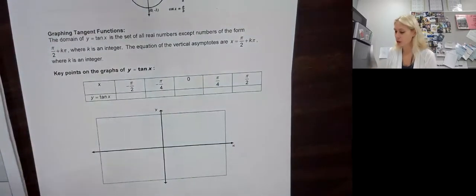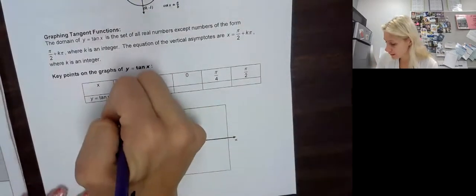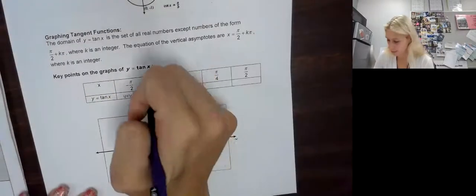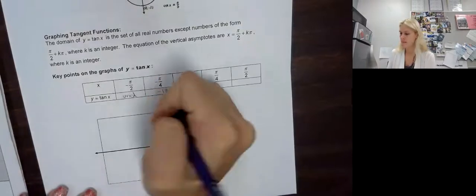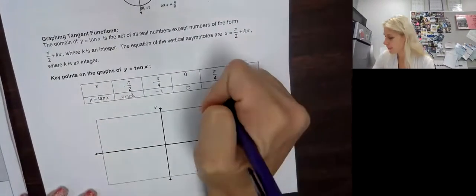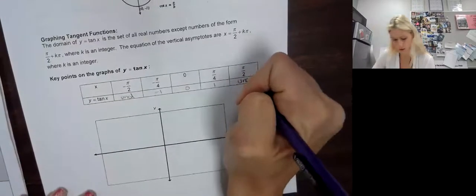So negative pi over 2, that would be our negative 1 over 0, which is undefined. Negative pi over 4 would be negative 1. 0 is 0. Pi over 4 is 1. And pi over 2 is our undefined. So we have our asymptotes.